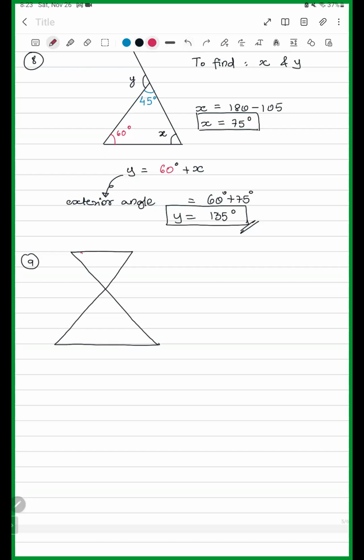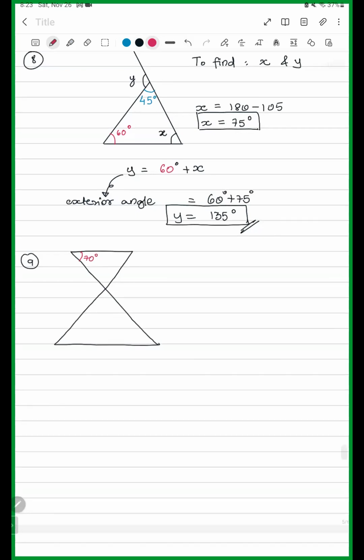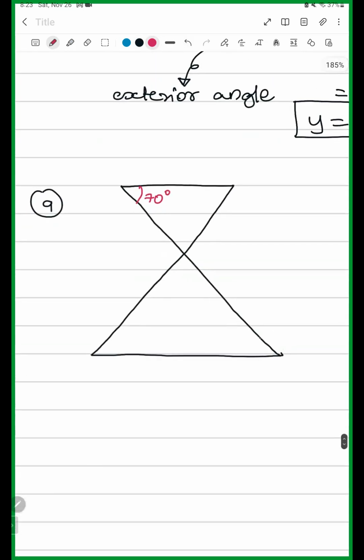This angle, 70 degrees, is equal to this angle, 70 degrees. When does it happen, Hiba? Can you see them forming a Z over here?